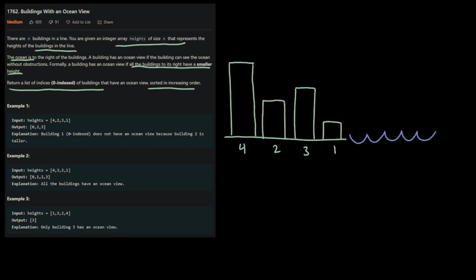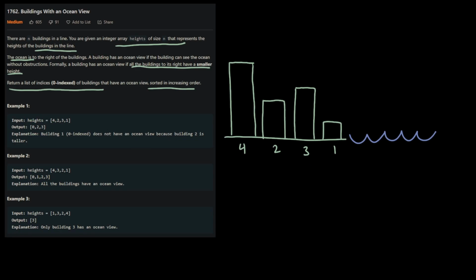Now this building has a height of 2, but it won't have an ocean view because it is being blocked by this building with a taller height. And this building over here with a height of 4 will have an ocean view because all the buildings in front of it are shorter. So as we can see here, we return the list of indices, and it is sorted in ascending order.